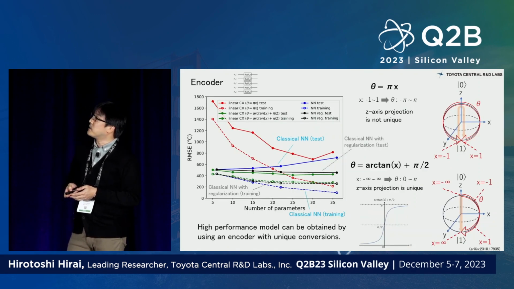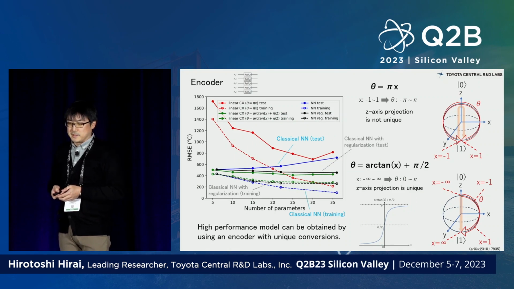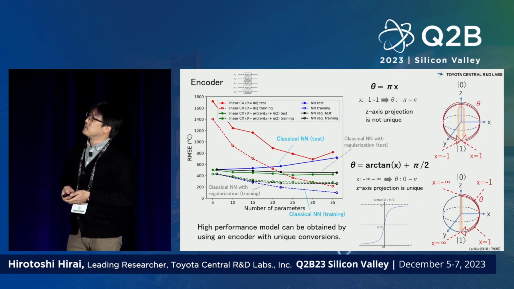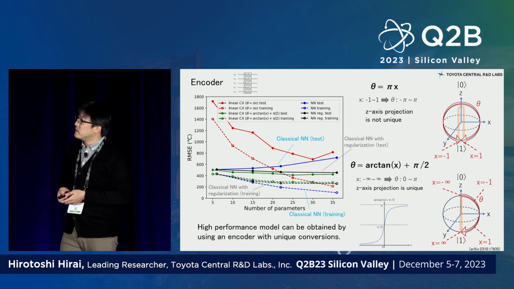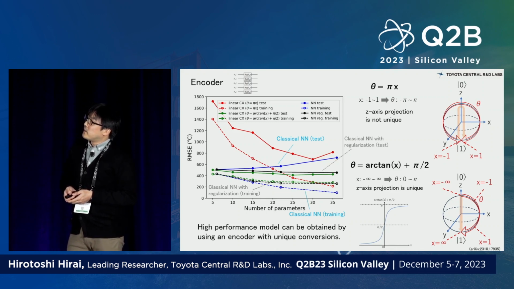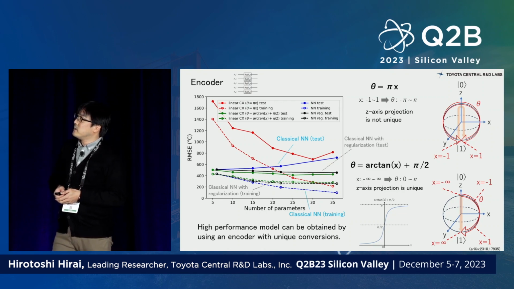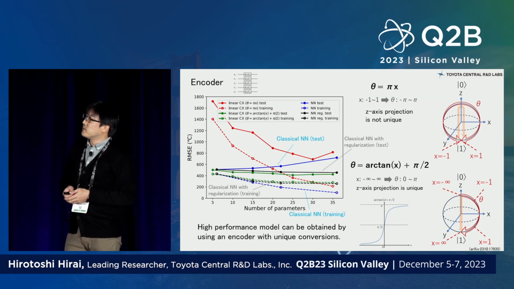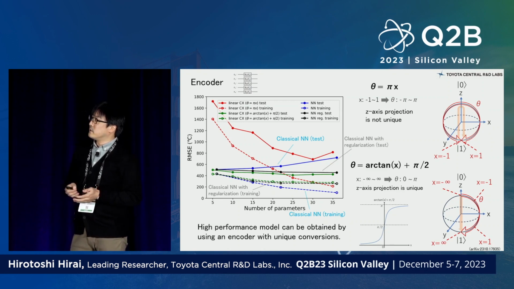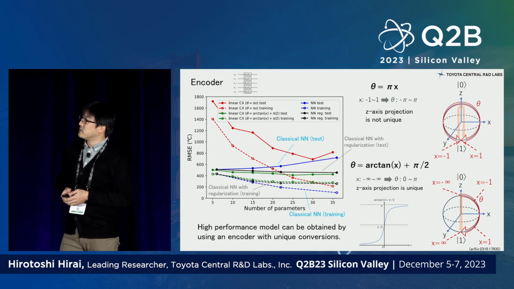At first, let me show the effect of the encoder. This graph shows errors for each model. The horizontal axis shows the number of parameters. For the QNN model, by increasing the circuit depth, we can increase the number of parameters, and in the classical neural network model, by increasing the number of neurons, the number of parameters can be increased.